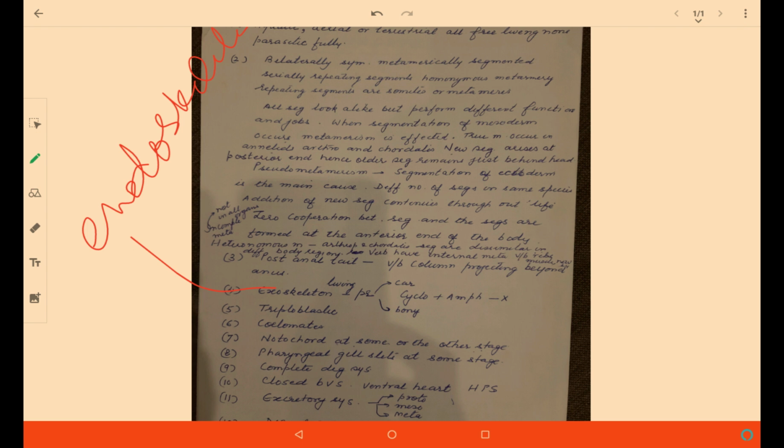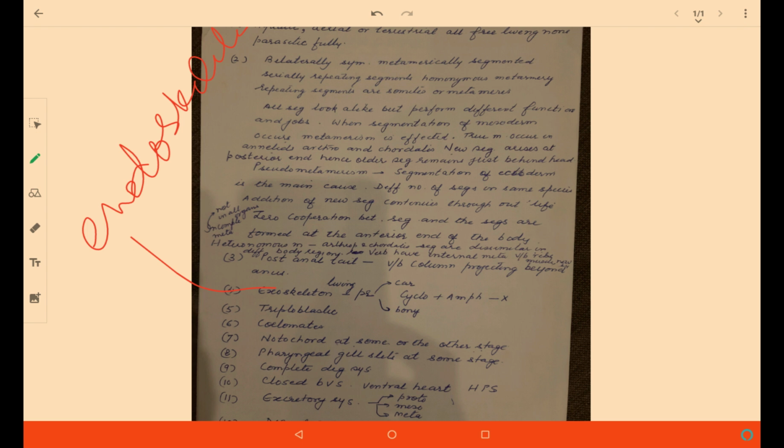And the chordates, they are invariably triploblastic. That means they have three germ layers: the ectoderm, endoderm, and the mesoderm.